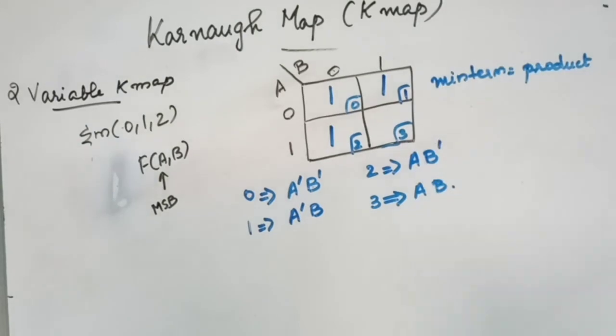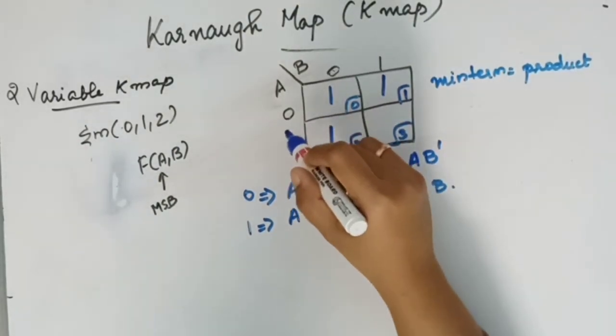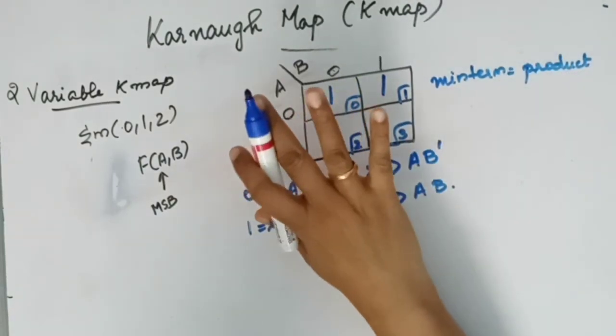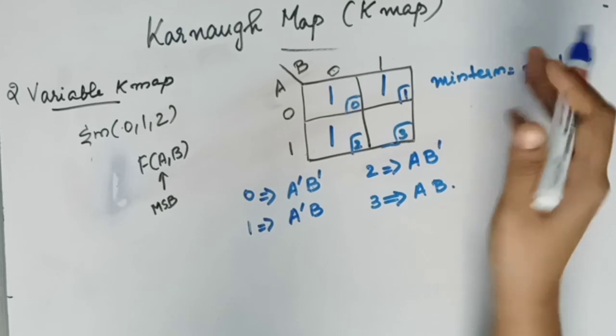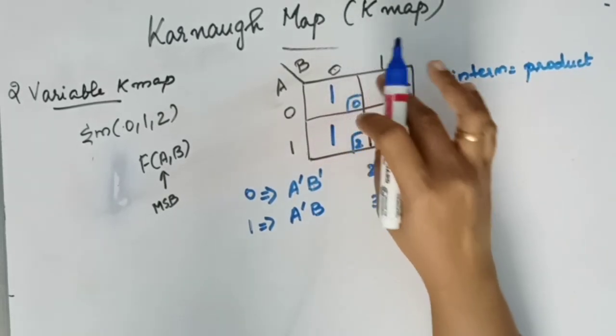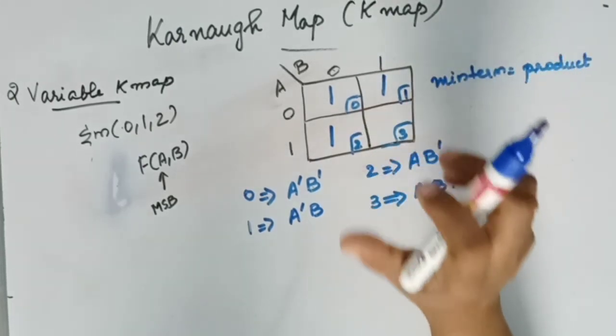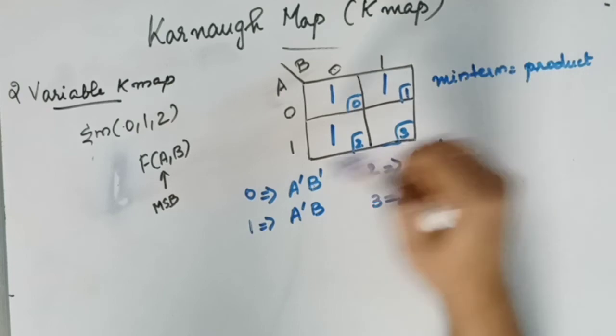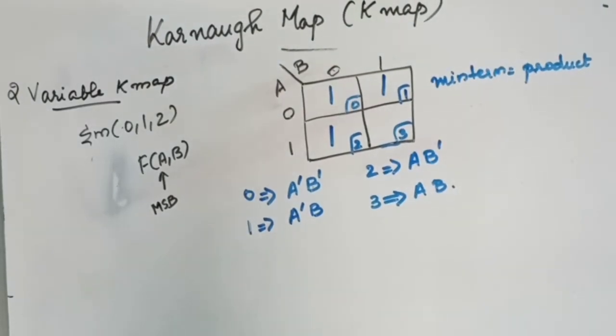So these are the minterms. So simple. If you have a 0 for any variable, write the complement. If you have 1, write that particular variable as such and write it as a product for each cell. So these are the minterms.